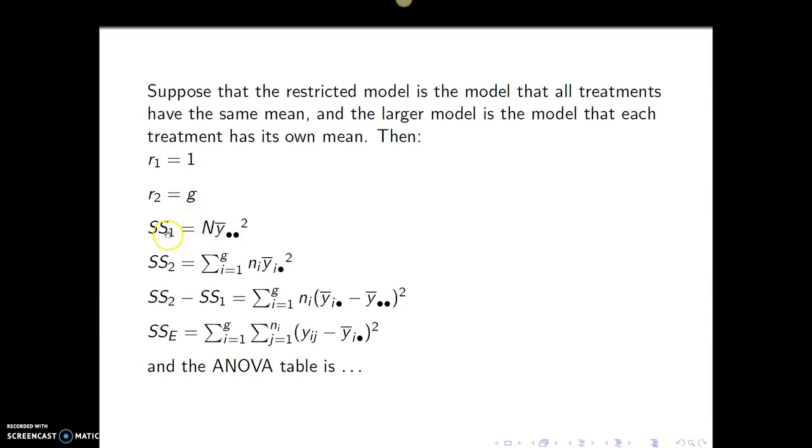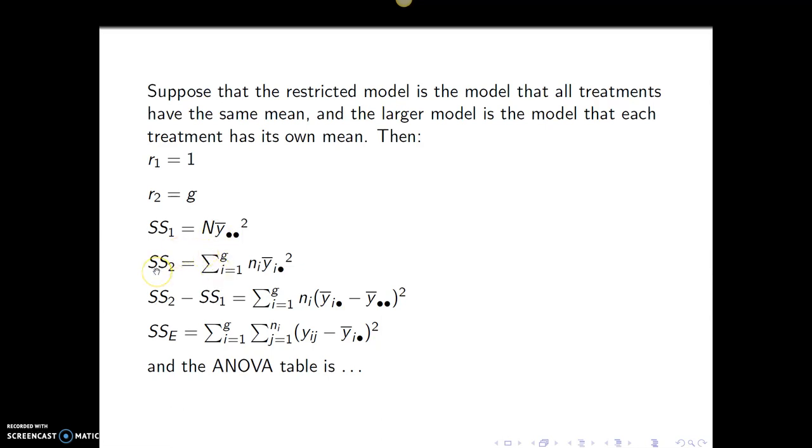Then we have SS1, which is the sum of squares associated with the restricted model, and that's just going to be the grand mean squared times n, which when we divide by n, that just gives us that grand mean squared, which is a form of a sample estimate for variance.